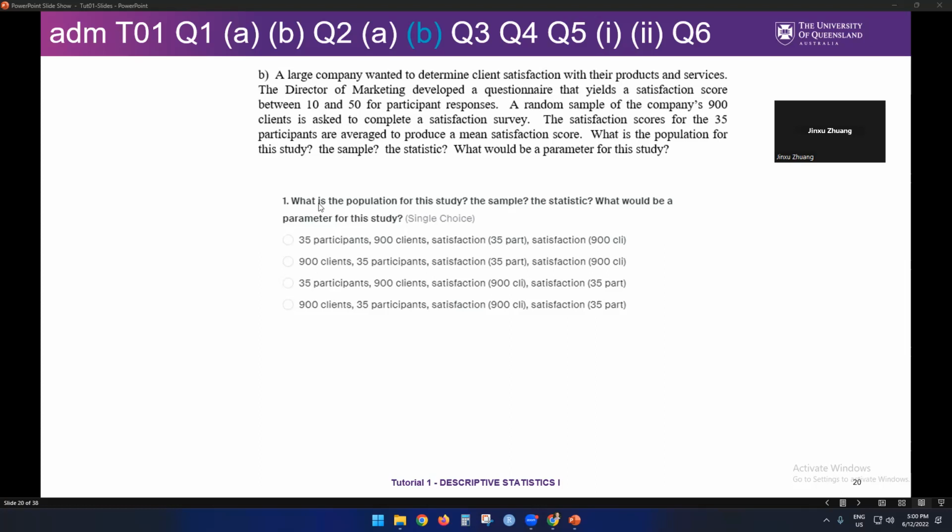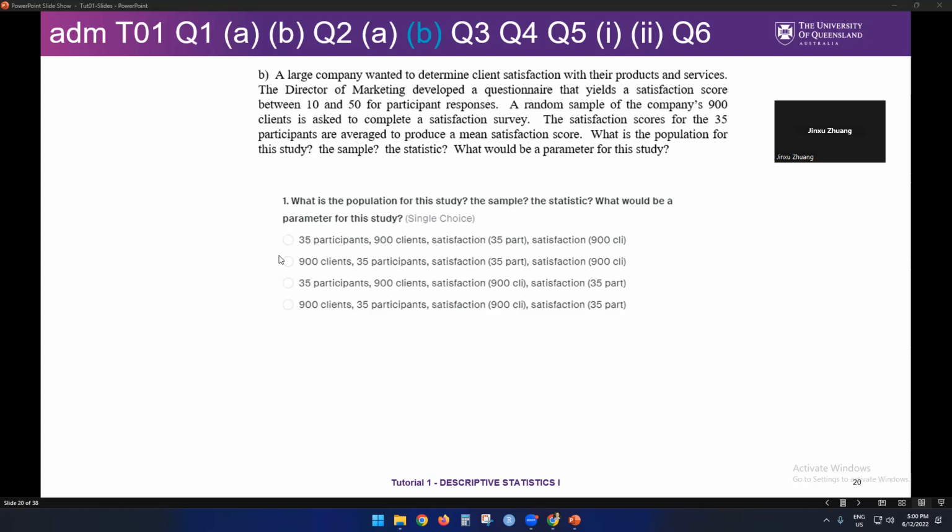900 clients is our whole population. It's all the clients from the company. 35 participants is the sample that we took. That's why we have the satisfaction scores for the 35 participants averaged. That was the hint to say who's the sample. And both parameter and statistic, what are we trying to find out?